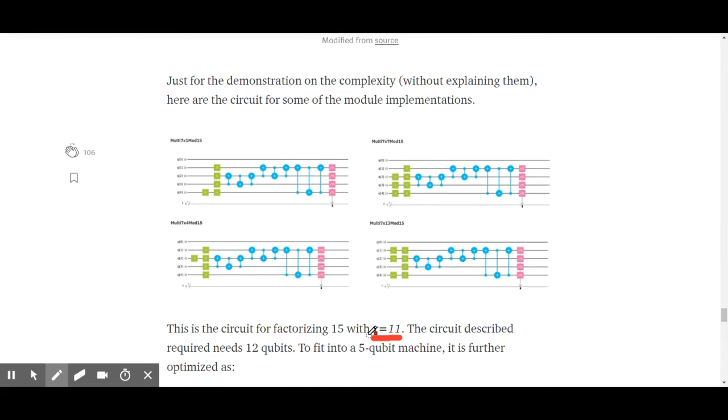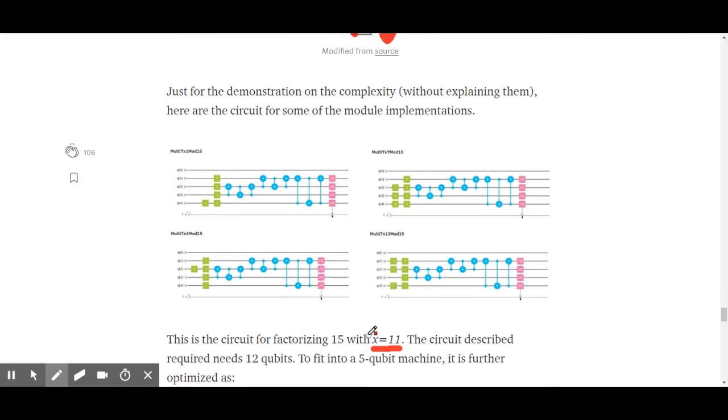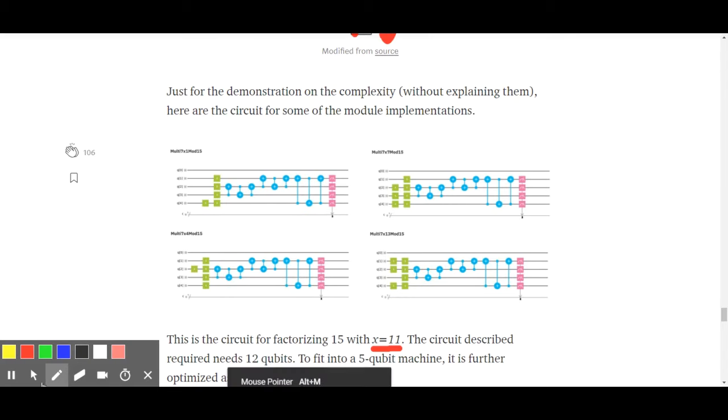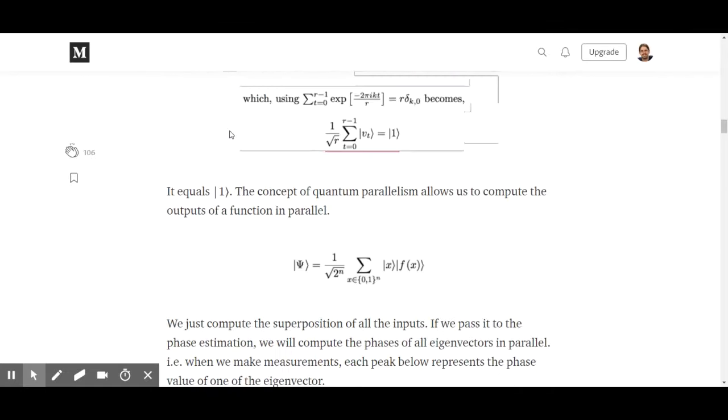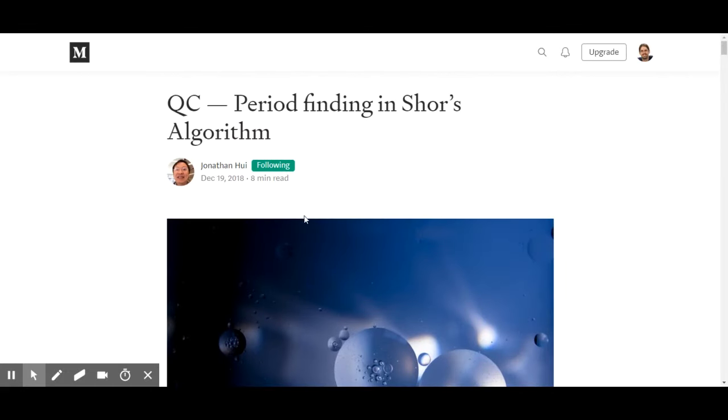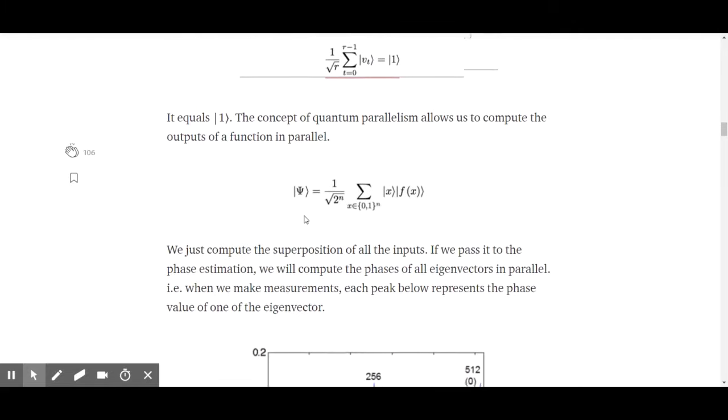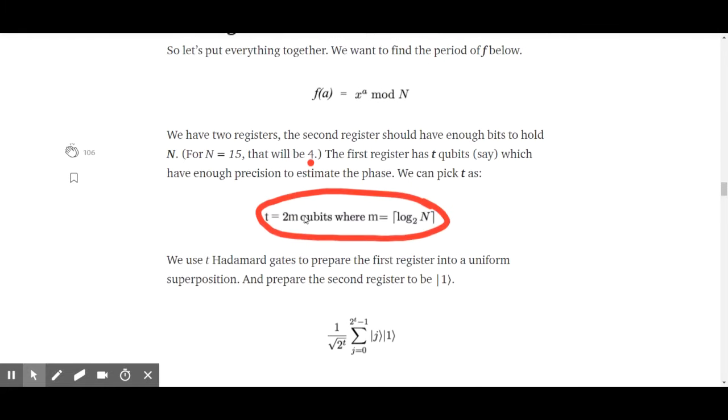But I can't remember where the x is coming from. Factorizing 15 with x equals 11, I think this has to do with, let me just go back to where I can find the whole thing.